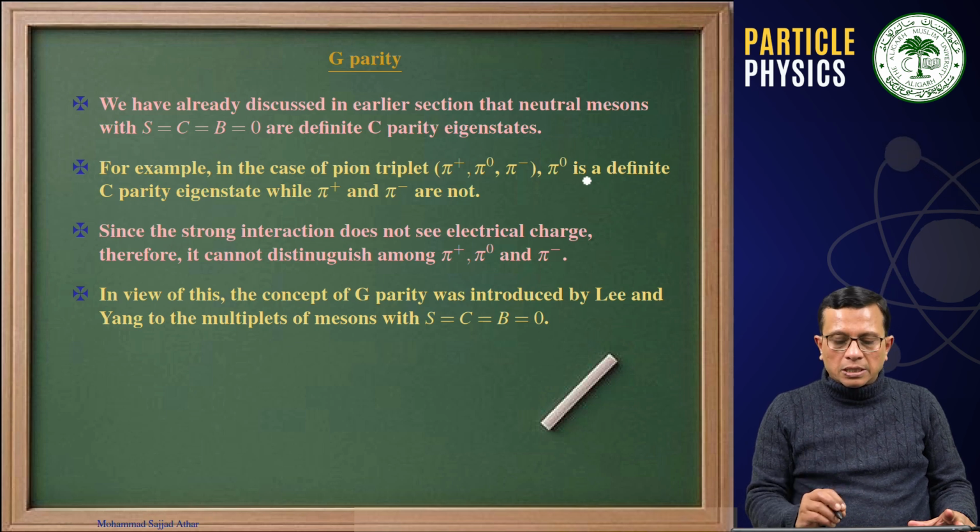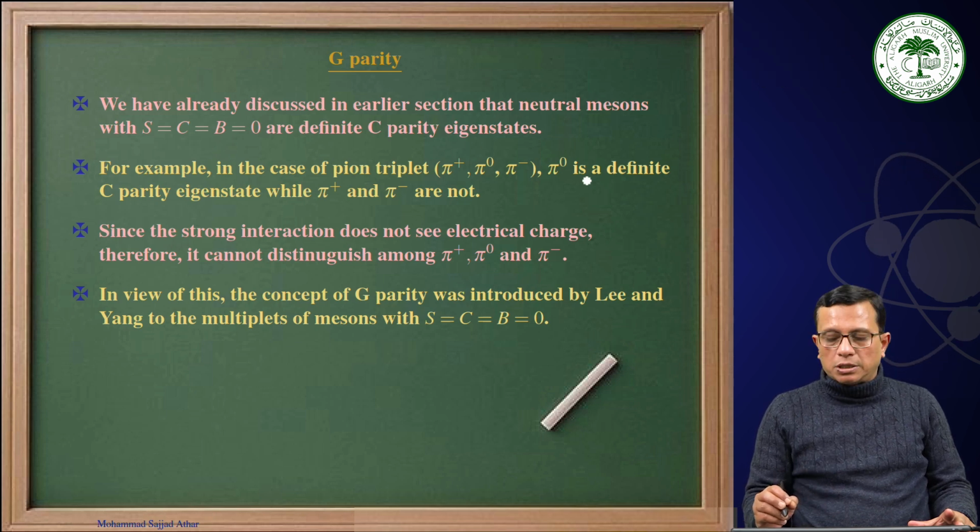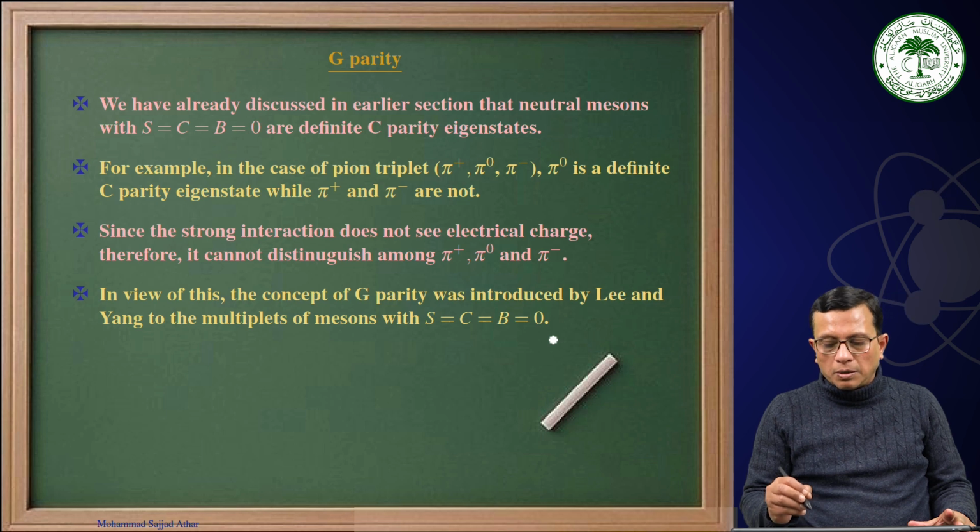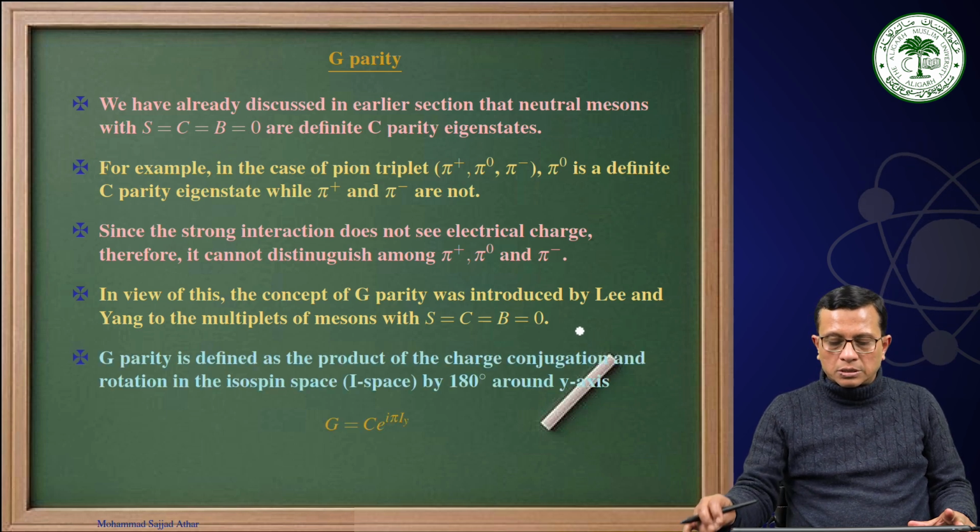In view of this, the concept of G-parity was introduced by Lee and Yang for the multiplets of mesons which have strangeness, charmness, bottomness equal to 0. Let me repeat it: strangeness, charmness, bottomness equal to 0 for those mesons.